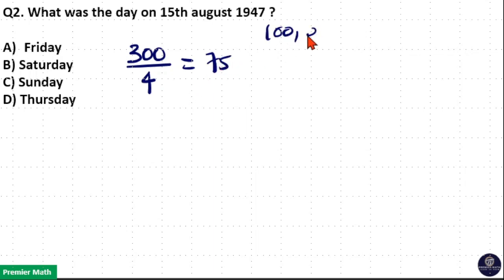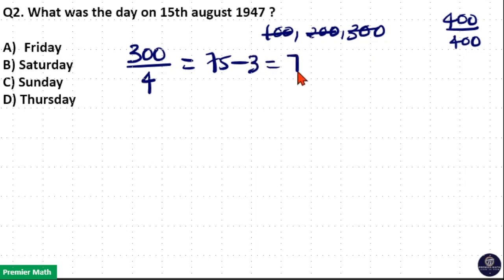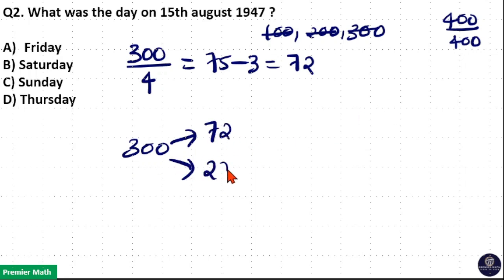But here 100, 200, 300 are century years. For a century year to be a leap year, it should be divisible by 400. Here 400 is a leap year, but 100, 200, 300 are not divisible by 400. So these three are not leap years. So subtract these three from 75, which will give you 72. That is, in 300 years there are 72 leap years and remaining 300 minus 72 is 228 non-leap years.